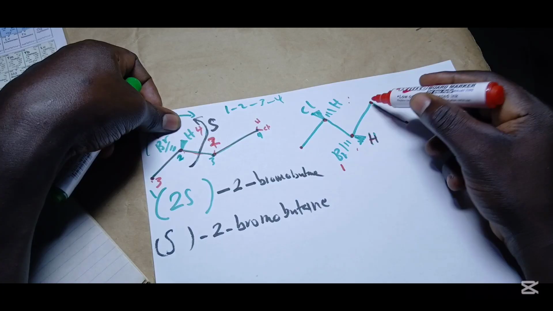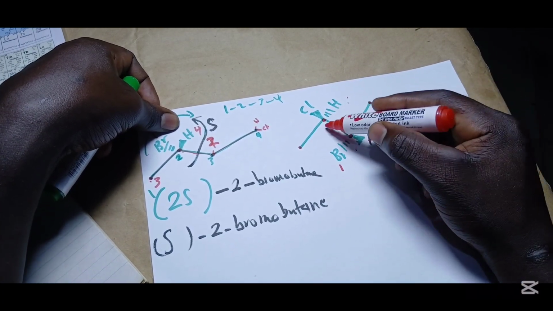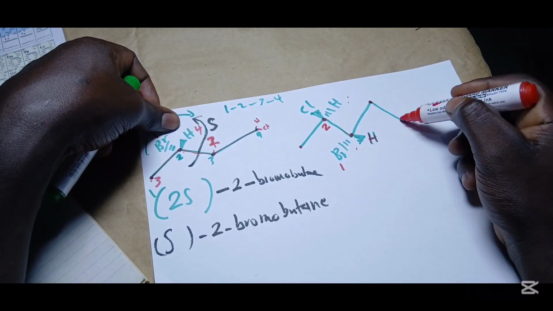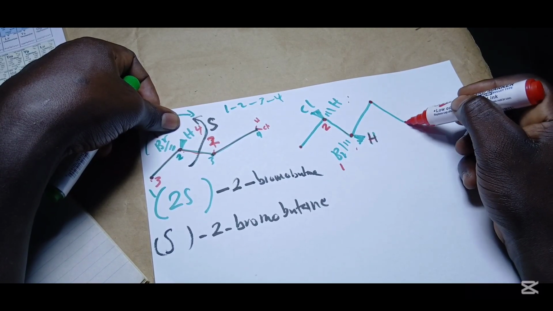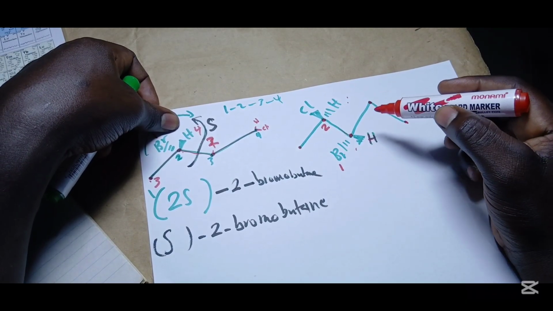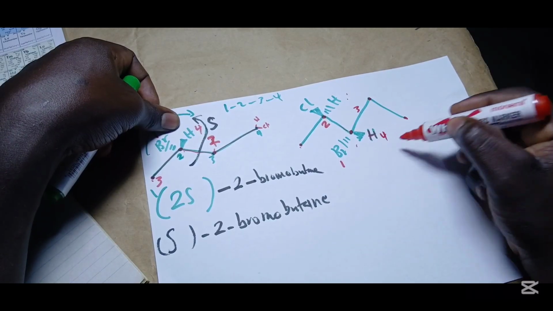So we trace one carbon. This carbon has substituent, so it's going to be our priority number 2. This carbon does not, it has only a methyl group attached to it. This one has chlorine and hydrogen, so it's definitely going to have higher priority than methyl group here. So this should be our 3rd priority, and this should be our 4th priority.